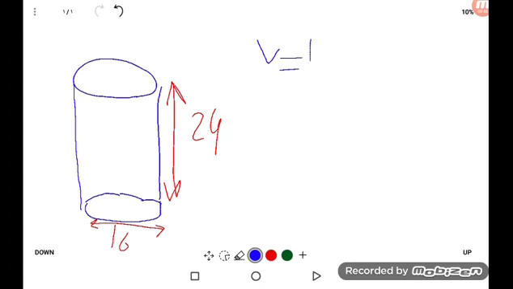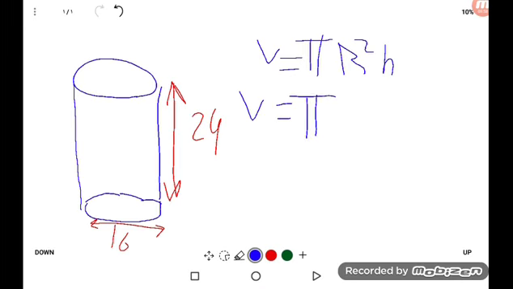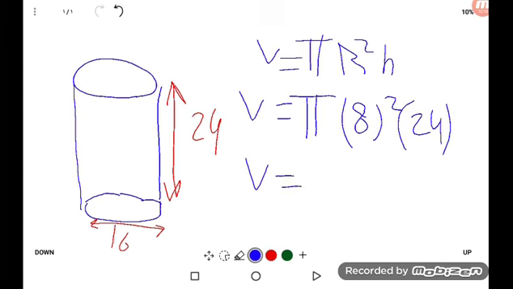So the volume is equal pi r square times h. Volume is equal pi r square, the radius is 8 square times 24. So the volume is equal pi, and 8 square is 64, and 64 times 24 is equal 1536.